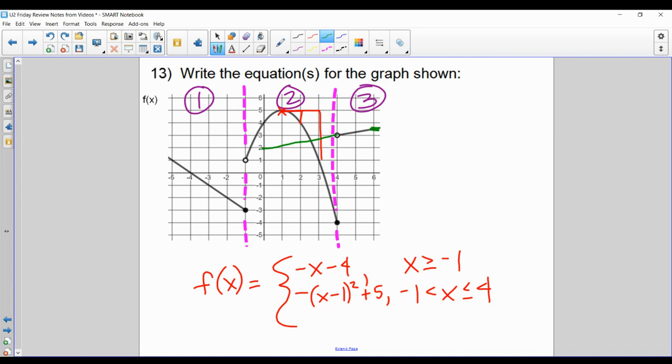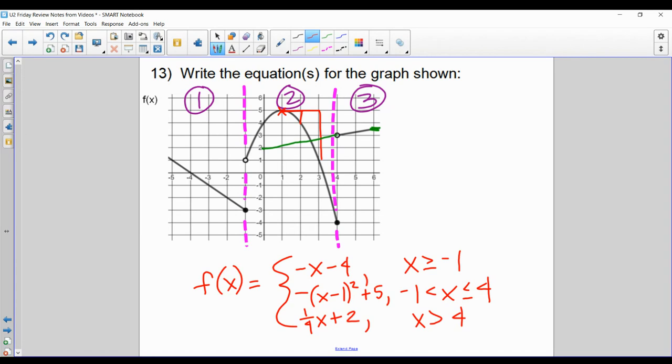So my y-intercept is 2, and it's what we said is going up 1 over 4, positive slope, so it's 1/4 x plus 2, and my domain restriction is starting at 4. I have an open circle, so it's just greater than.